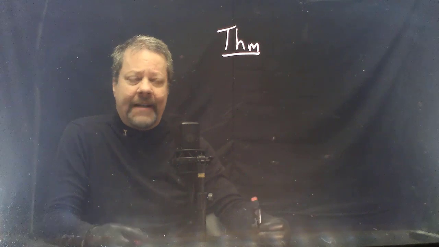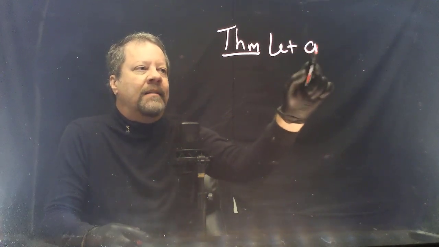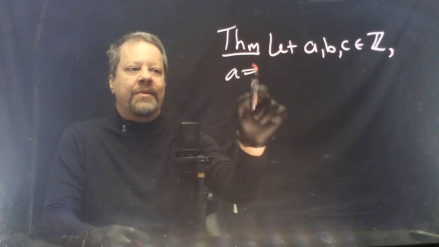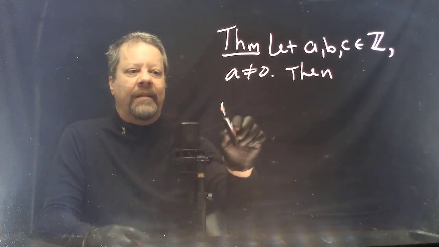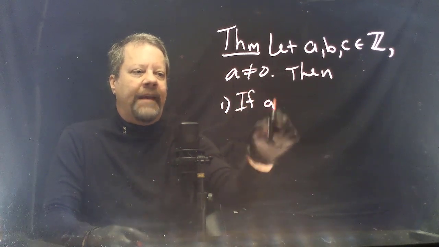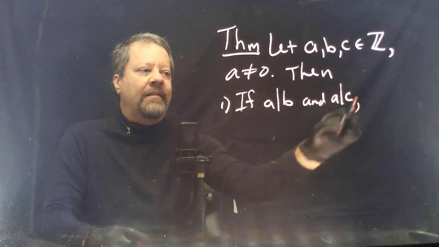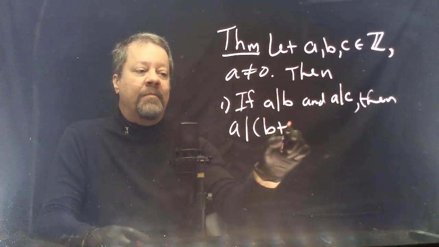We need to learn a little bit more about how this divides operator works. So to that end, let a, b, and c be elements of the set of integers. And in particular, let's suppose that a is not 0. Then 1. If a divides b and a divides c, then a will divide b plus c.